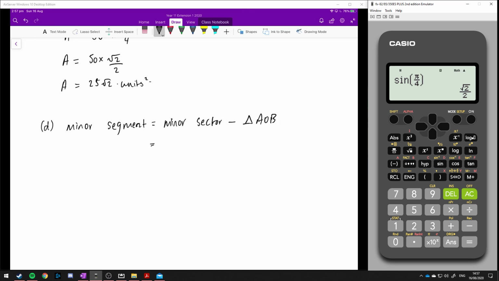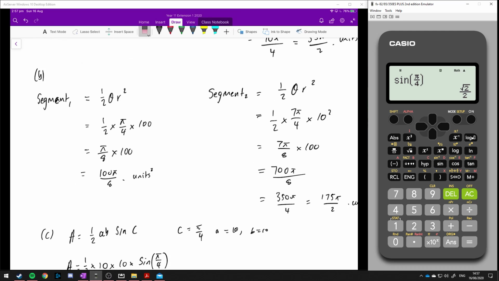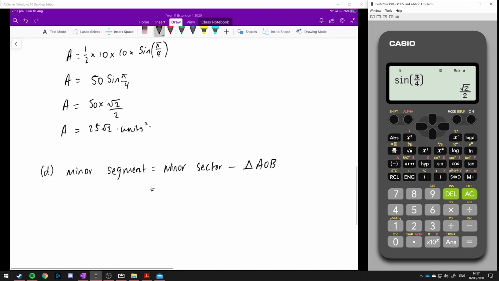The minor sector we worked out in part B, which was, these should say sectors, not segments, because it's very different. Sectors, my bad. So sector 1, sector 2. So sector 1 was equal to 100 pi on 8.